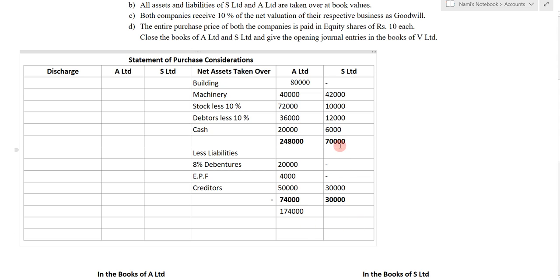And from 70,000 less 30,000 we get 40,000. So this is the total of net asset taken over.